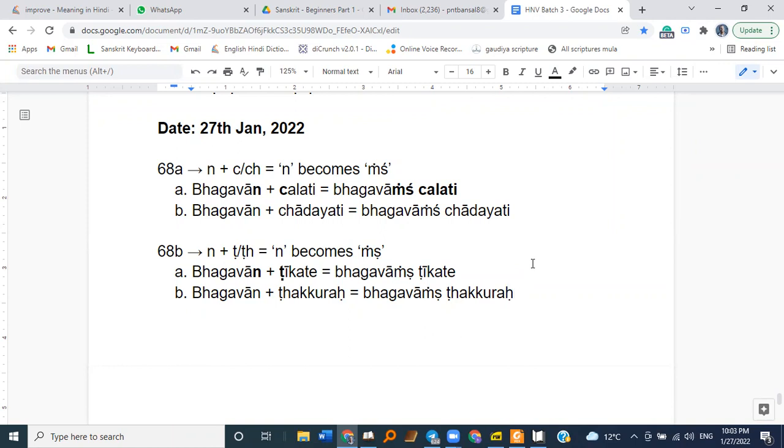So while writing in Devanagari, will there still be a gap between Bhagavansh and Chalati, or will it be one word? Okay. So it will be half sh and then ch. Yes, Prabhuji. Okay, got it. So sh basically will be halanta completed by a complete ch, right, Prabhuji?